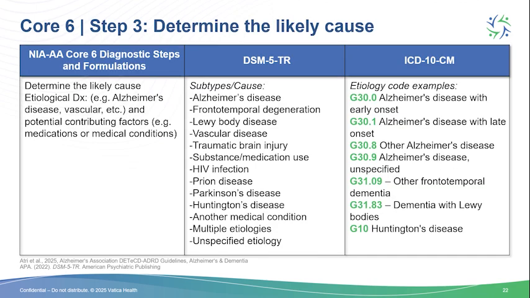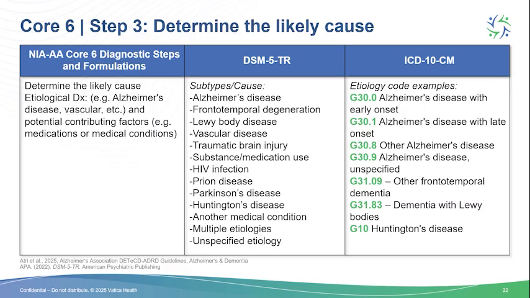And that brings us to the final NIA-AA Step 3 of Core 6, diagnostic steps and formulation, which is to determine the likely cause or etiological diagnosis. And this is where you narrow the differential diagnosis of the brain disease that is the cause of the patient's cognitive behavioral syndrome. So DSM-5 gives a list of known causes of dementia.